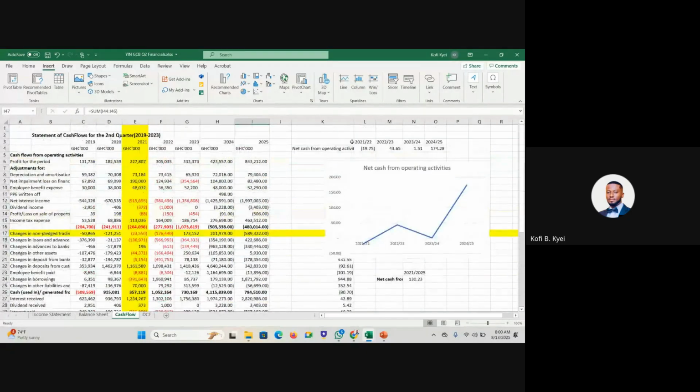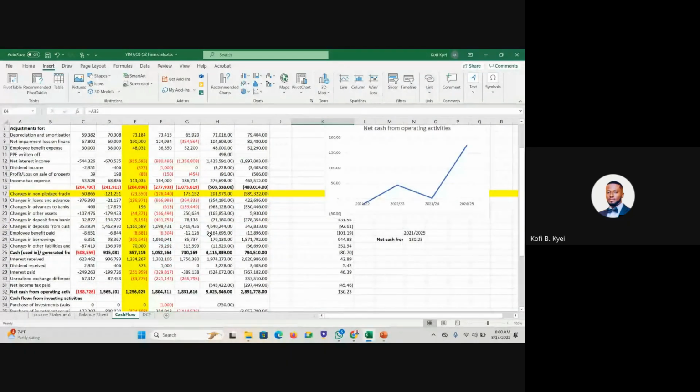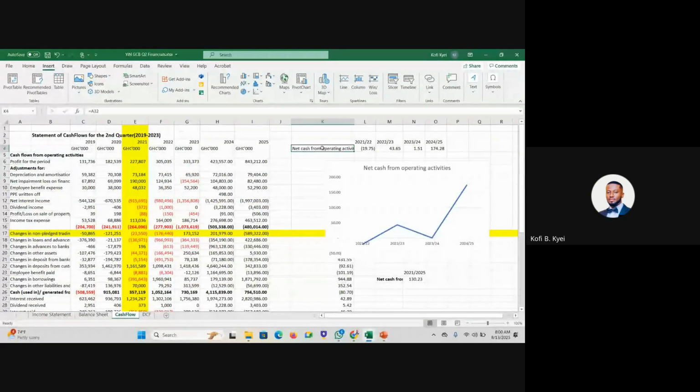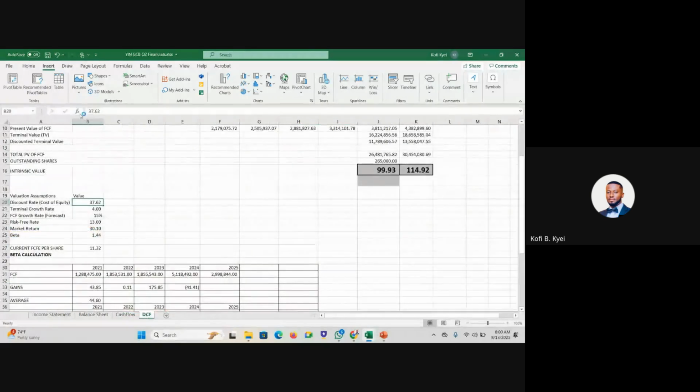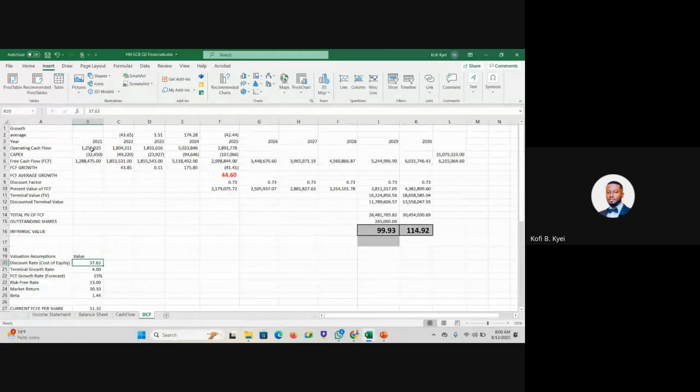Normally we use the net cash from operating activities to show the real cash potential of the business, and that is what we use in our analysis.